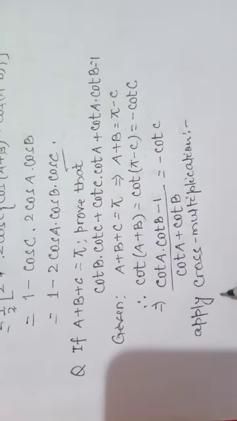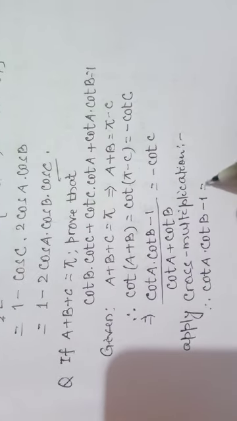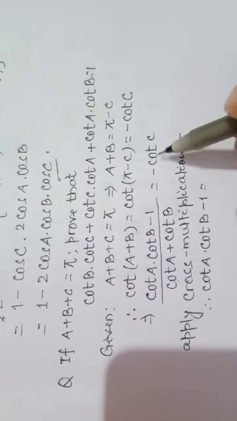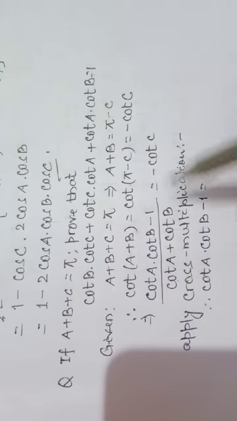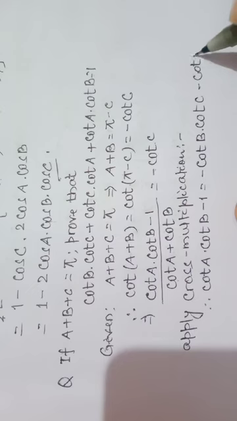So multiply cross, then we have cot a into cot b minus 1 is equal to minus cot c into cot a minus cot c into cot b, which means minus cot b into cot c minus cot c into cot a.